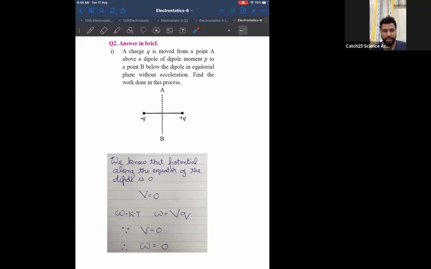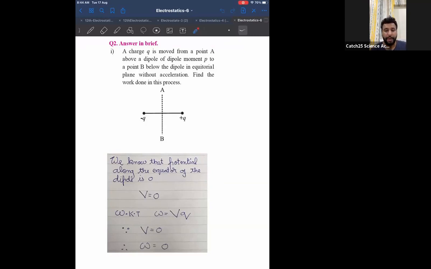Potential is 0, correct? V equal to 0 along the equator. And if V equal to 0, W also will be equal to 0 because W is equal to VQ. For that, you need to remember a very important concept that along the equator, your potential is 0. We have just done it in our last PDF. Along the equator, the potential is 0.